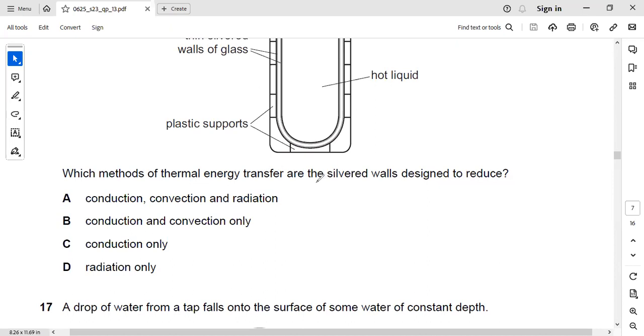So what is the use of this silvered wall? It is most effective at reducing radiative heat transfer. It will always reduce the radiation. So the right answer is radiation. By radiation only, we are reducing the heat transfer.